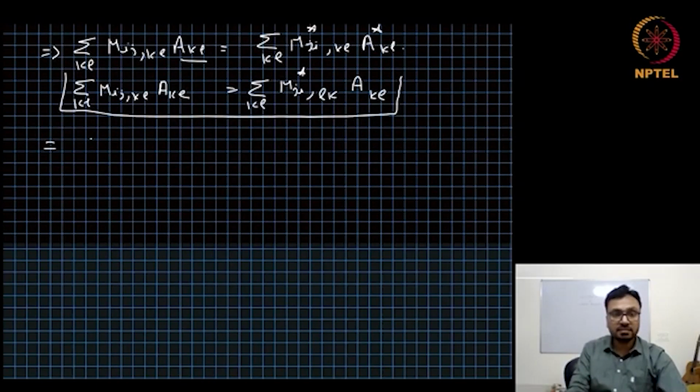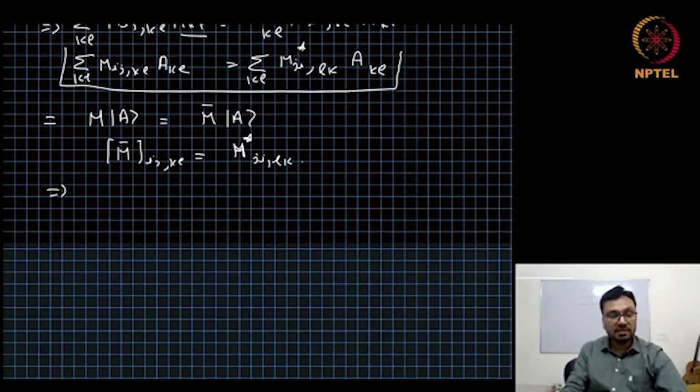Now we write it in matrix representation: the matrix M acting on the unfolded vector A equals M bar acting on the unfolded vector A, where M bar is defined in such a way that its Ij, KL element is M star Ji LK.